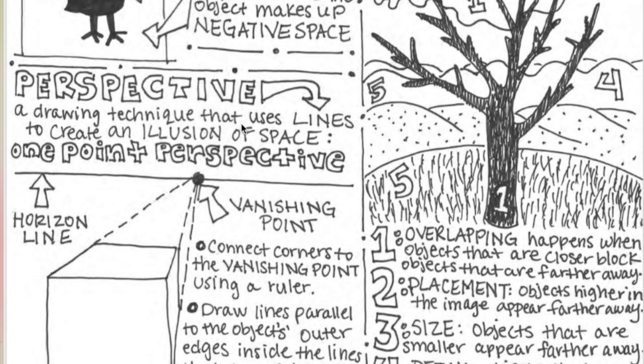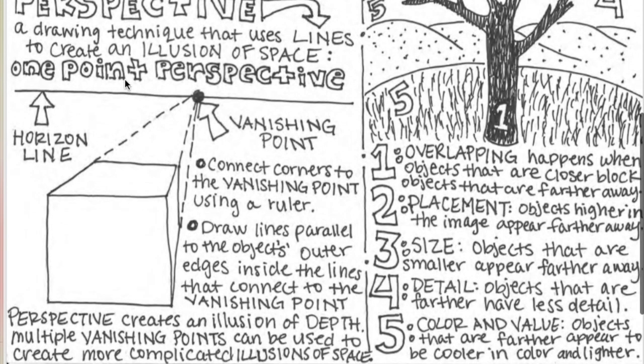Down here next it says perspective is a drawing technique that uses lines to create the illusion of space. One-point perspective has a horizon line and one vanishing point.